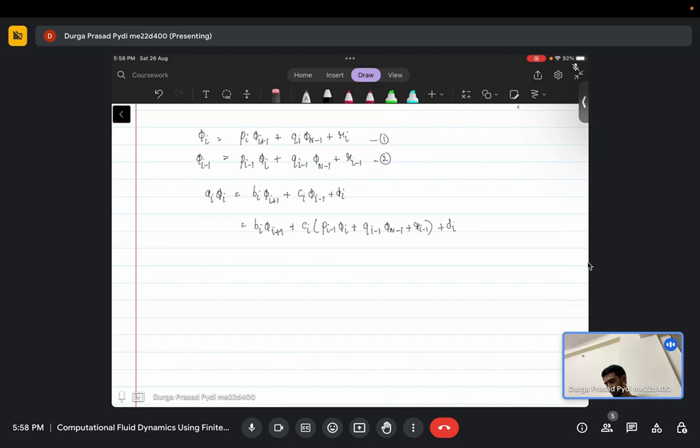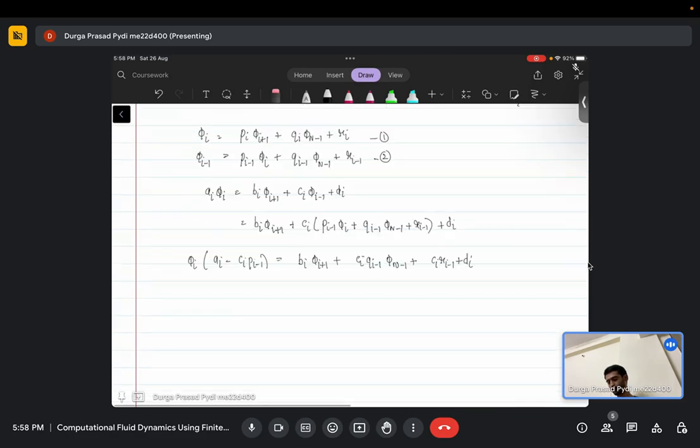So c i phi i minus 1 can be written as p i minus 1 phi i plus q i minus 1 phi n minus 1 plus r i minus 1. Now if I group the terms, phi i has a coefficient of a i minus c i p i minus 1, equal to b i phi i plus 1, plus c i q i minus 1 phi n minus 1, and then the constant terms c i r i minus 1 plus d i. We compare this 3 with 1.